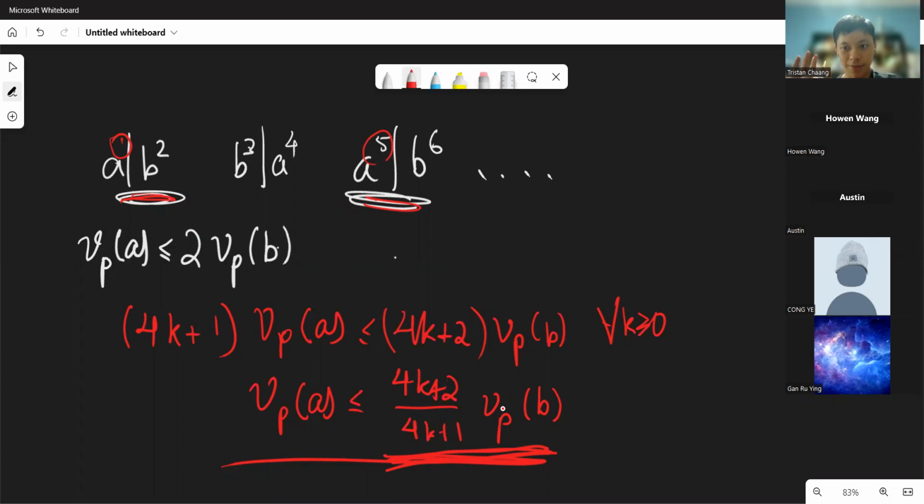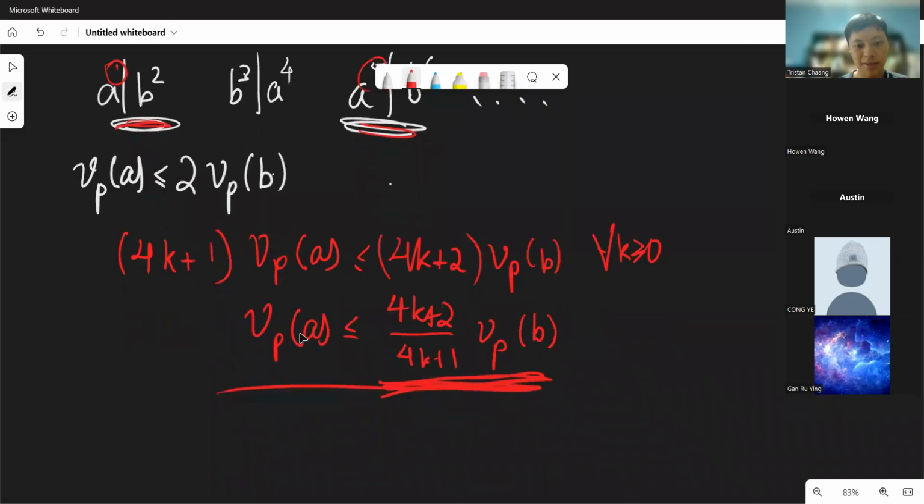So we can talk about the limit when k goes to infinity. This is just a fancy way of saying when k is really large, this thing would tend to 1, right?